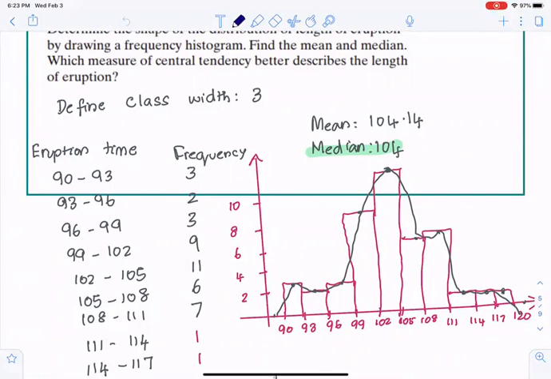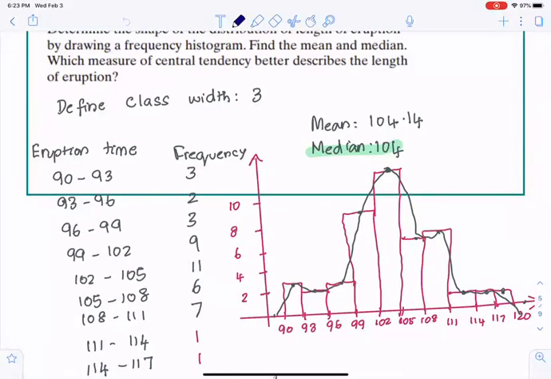And if you go back, I did say, well, it doesn't look exactly normal, but I could make an assumption that this is normal. In other words, it's symmetric. It's not perfect, but it's almost symmetric. If we adjust the class width, perhaps we can see symmetricity in a better way.